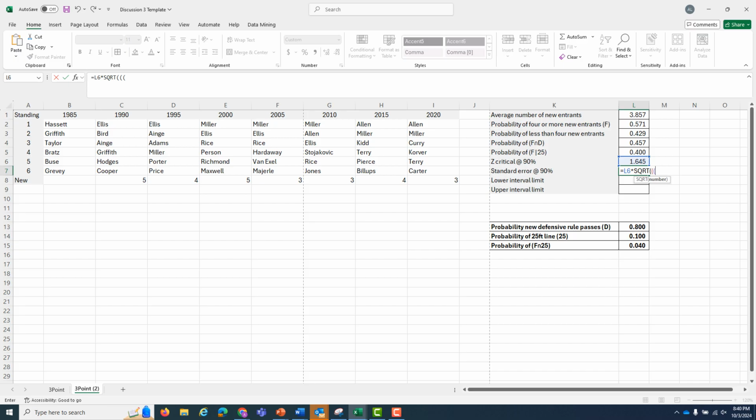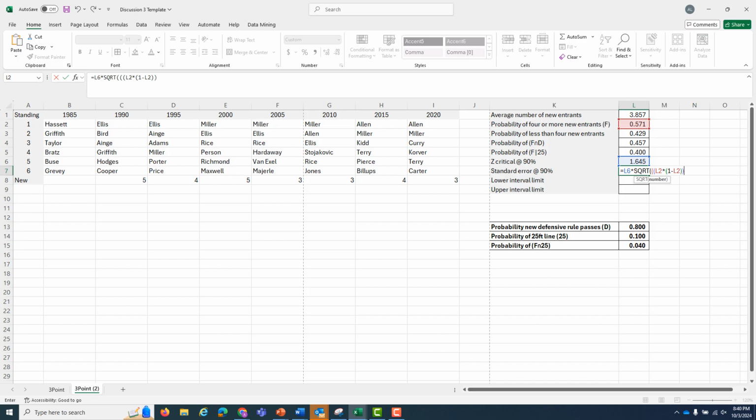In these parentheses, our proportion, or our probability of the condition we're looking for, that 4 or more new entrants enter the list, times the complement of that, which you can put in as 1 minus that same 0.571, or if I wanted to, I could have just clicked the 0.429 because I know that's the complement of that number.